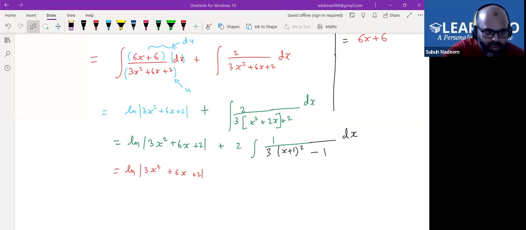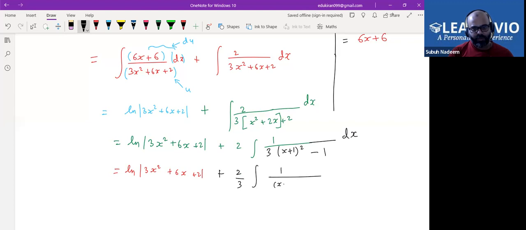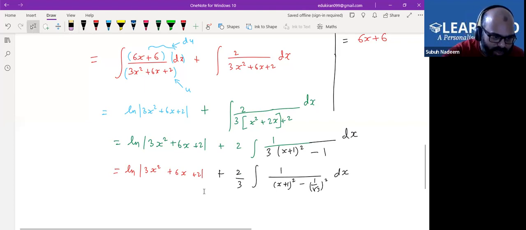I'm not sure, it is given in a different form, but let us check. So plus 2 by, we will take 3 outside. So it will be 1 by (x plus 1) whole square minus (1 by root 3) square dx. So it will be like this.